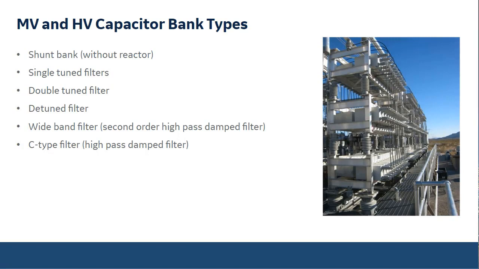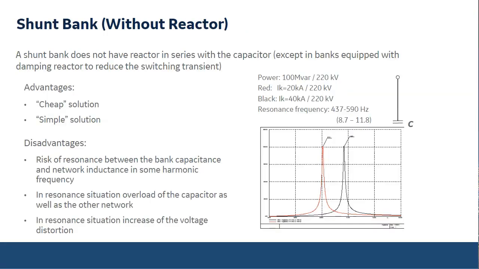I will now go through all of these, and I have a little more detail on each of the types. First, the shunt bank without reactors. It's a cheap and simple solution, but you can have the problem of resonances with this.